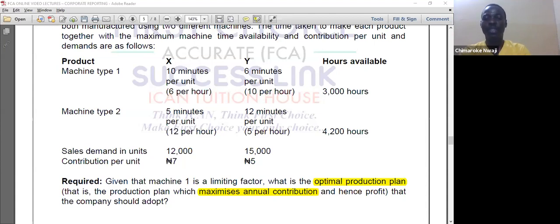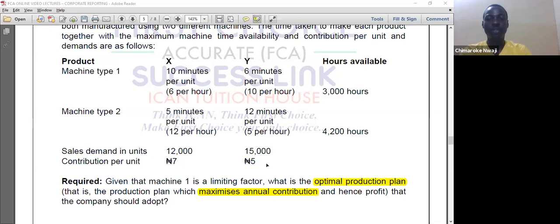What you do is this. Your total hours is supposed to be 3,000 hours, right?